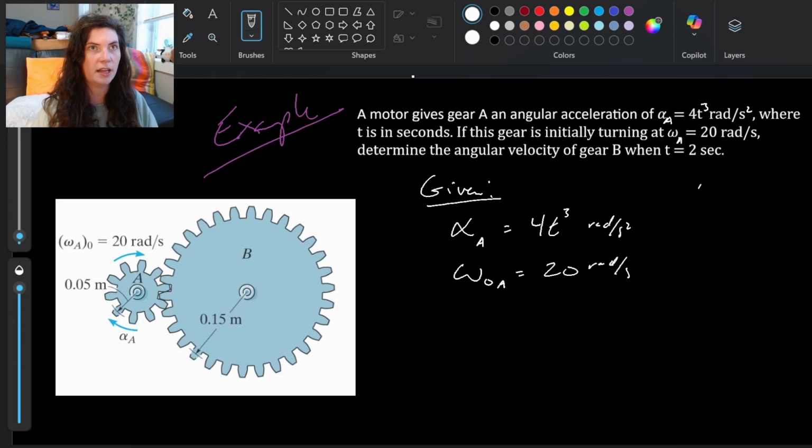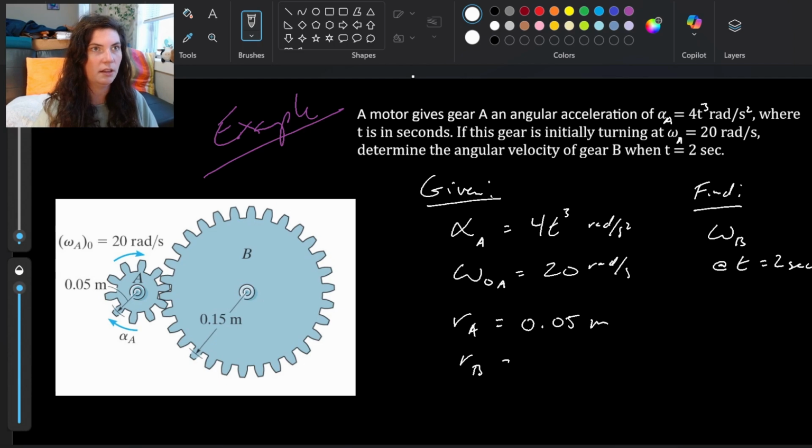And we want to find the angular velocity of gear B at t equals 2 seconds. And then looking at our image over here, we're also given that the radius of gear A is 0.05 meters, and the radius of gear B is 0.15 meters.